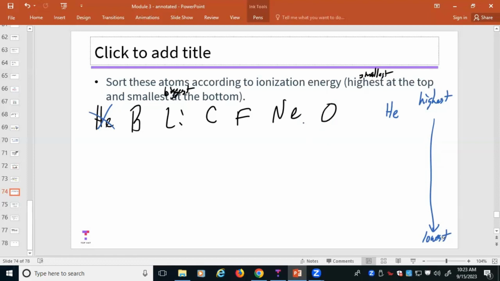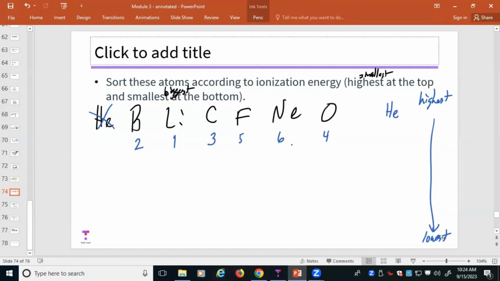So we want to put them in order of biggest to smallest as well. And so that order would be, the biggest of them would be the lithium, followed by the boron, followed by the carbon, followed by the oxygen, followed by the fluorine, followed by the neon.